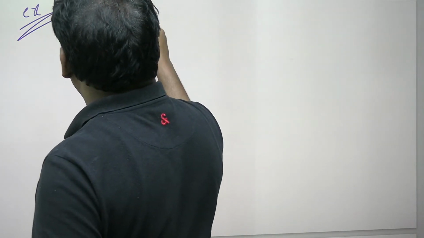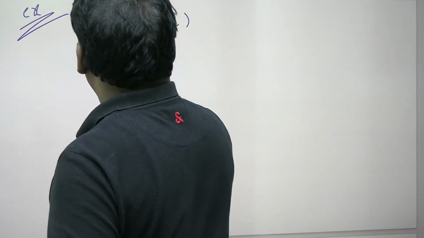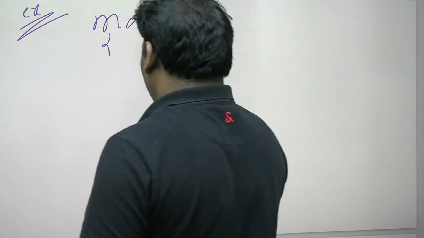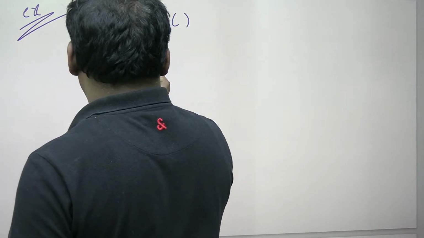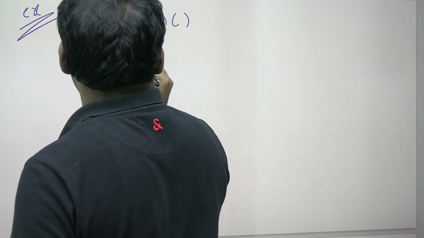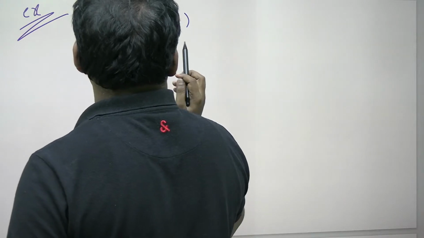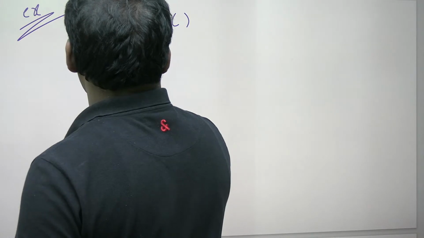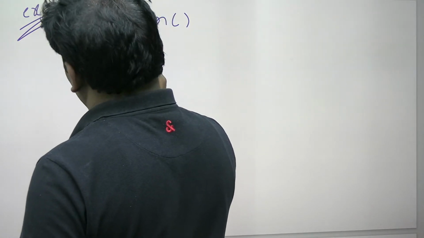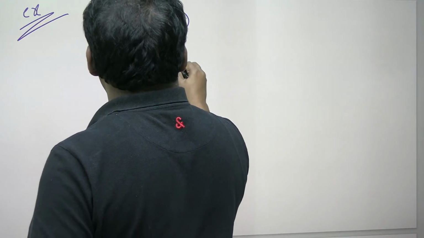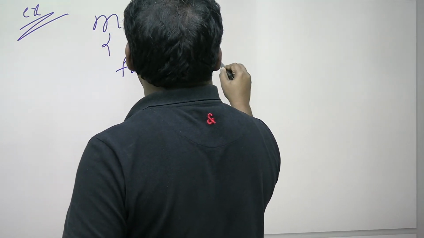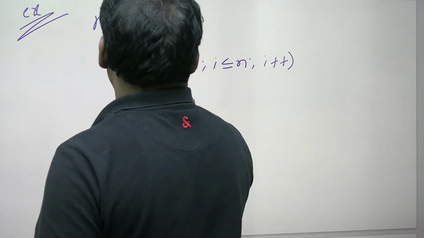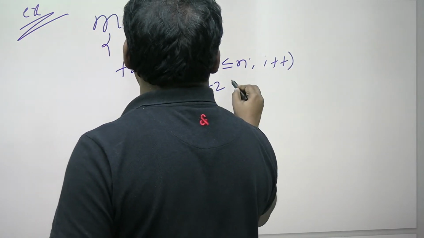Third example. Main. For i is equal to 1, i less than or equal to n, i plus plus, x is equal to y plus z.